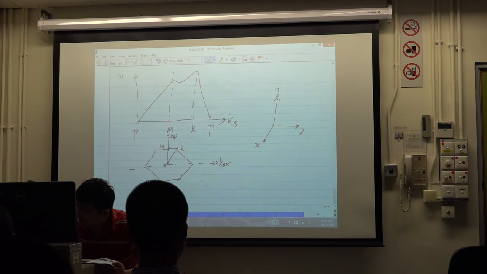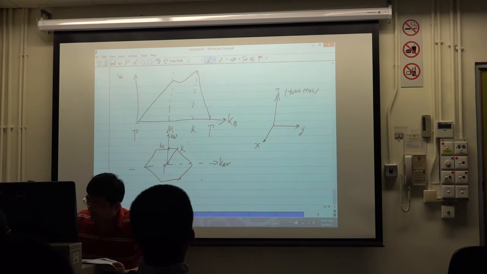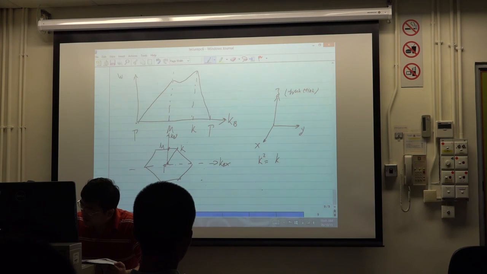I truncate along the z direction, which is the truncation direction. x and y are still periodic. Along Gamma M, k squared equals k rho squared plus kz squared.